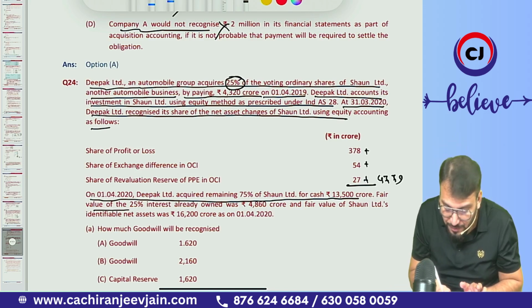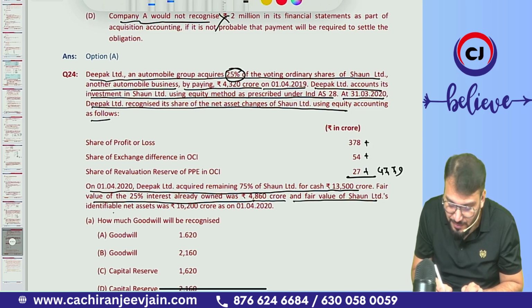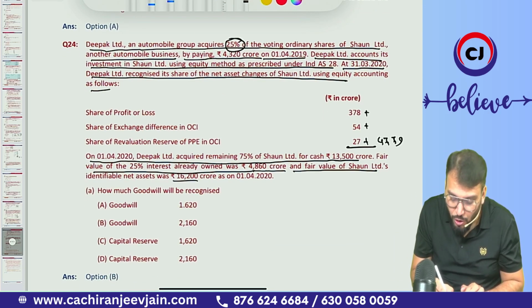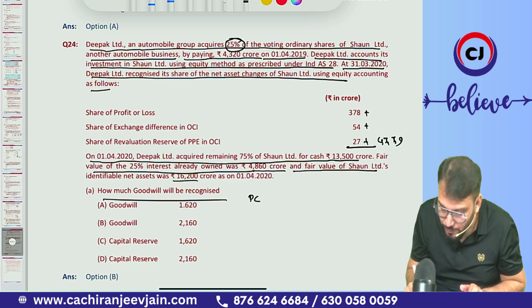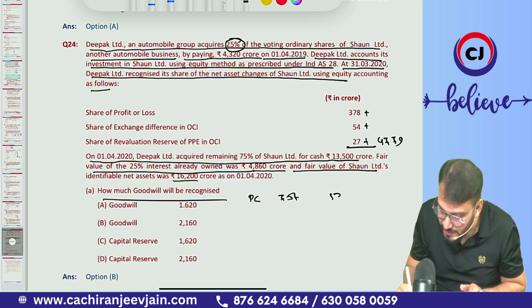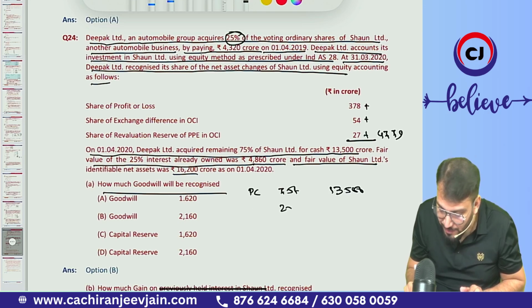Fair value of 25% interest already owned was 4860 crore, and the fair value of Son Limited identifiable net assets is 16,200. How much goodwill should be recognized? So this is a question of step acquisition. What is the purchase consideration for 75%? It is 13,500. Then what about the 25%? The fair value of previously held equity interest for 25% is given as 4860.